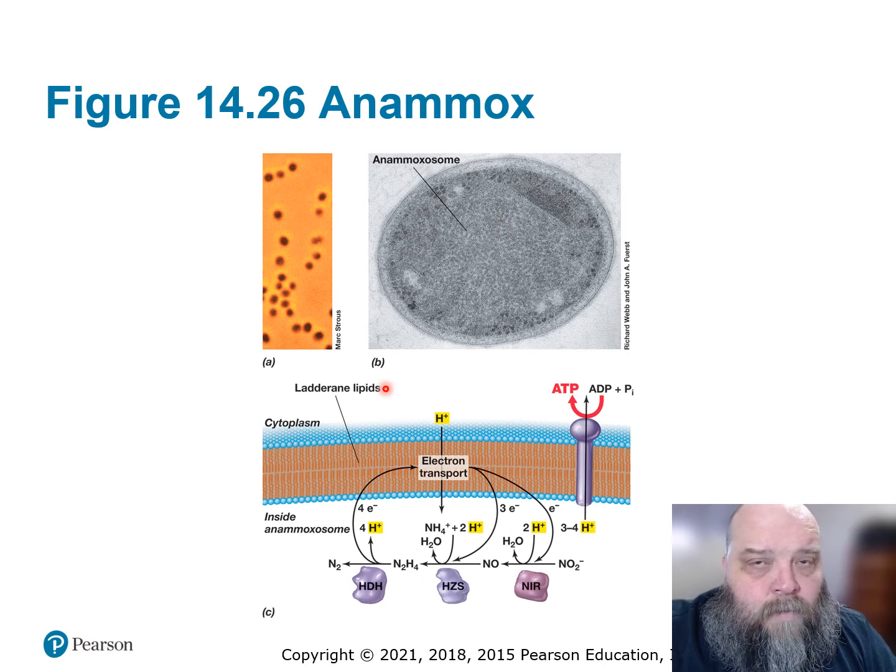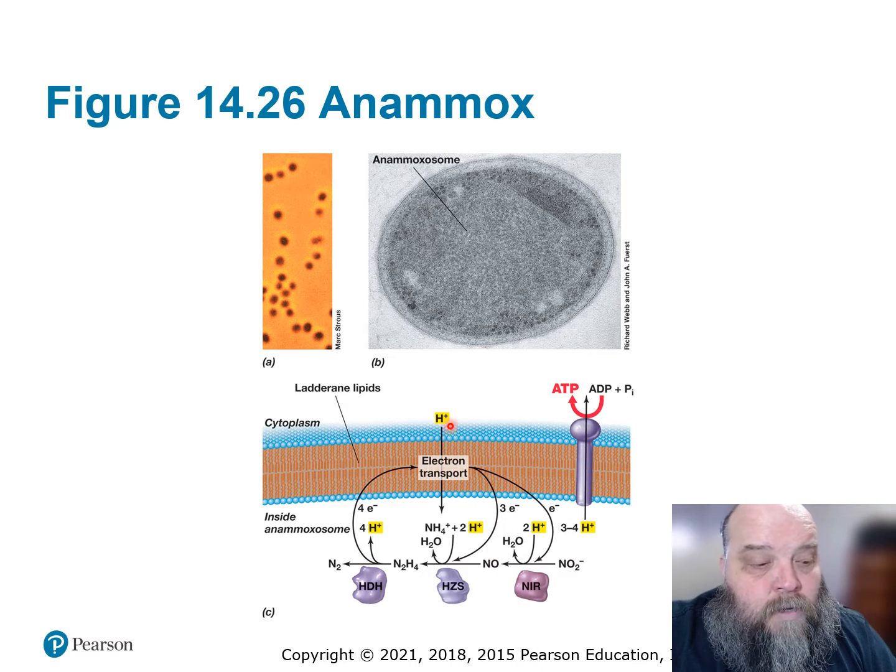What I want to point out is the special lipids here, ladderane lipids. Because of the way they're structured, remember structure function, they limit diffusion across. So whatever's inside the anammoxosome is stuck inside unless it's transported out.